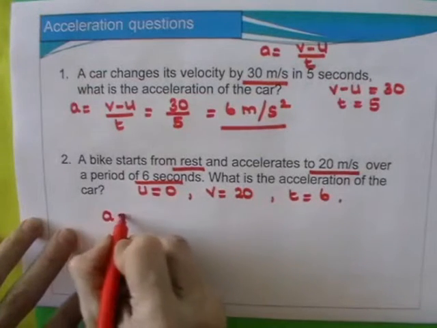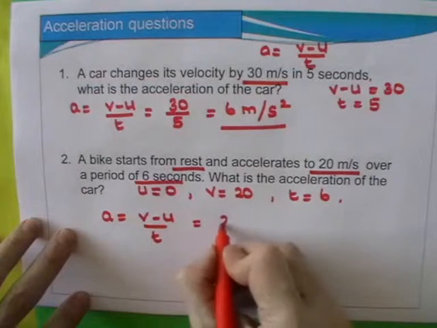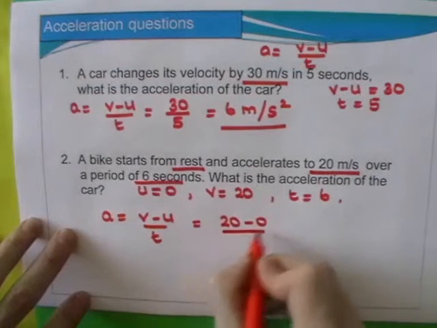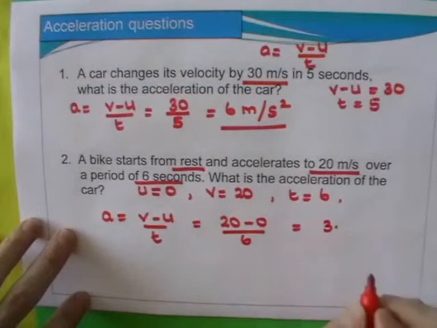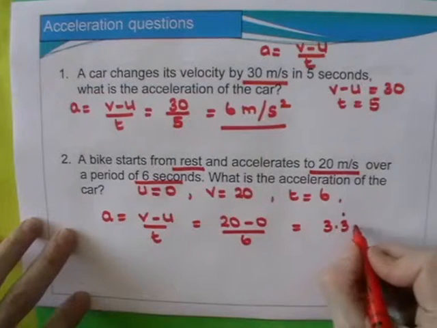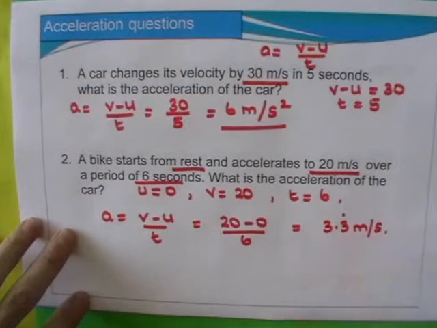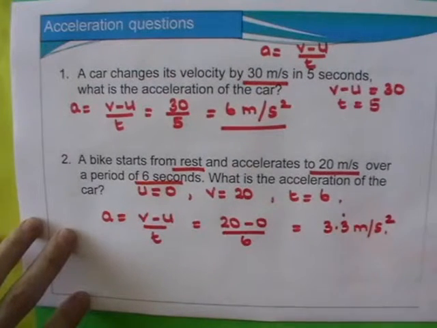So you write down your equation, v minus u divided by t. That's equal to 20 minus 0 divided by 6. And 6 into 20 goes 3 and a third, or 3 point recurring, meters per second. 3.3 recurring meters per second squared.